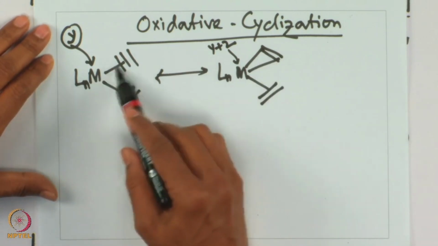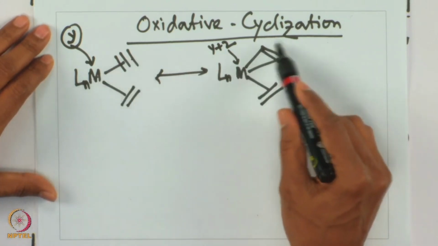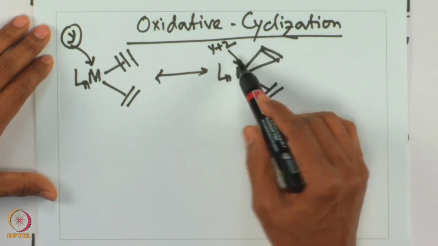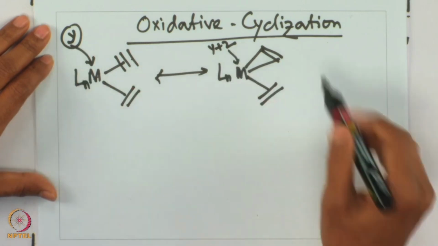So, overall the alkyne and metal interact to form a metallocyclopropene intermediate. Therefore, the metal oxidation state goes up from Y to Y+2.